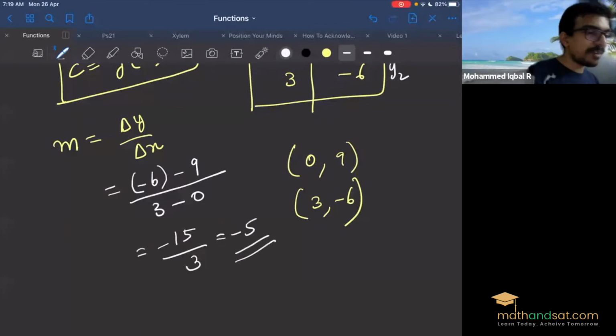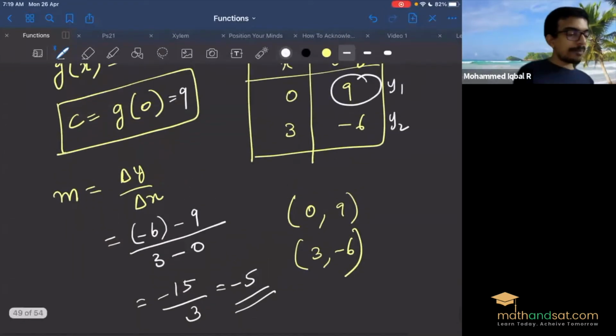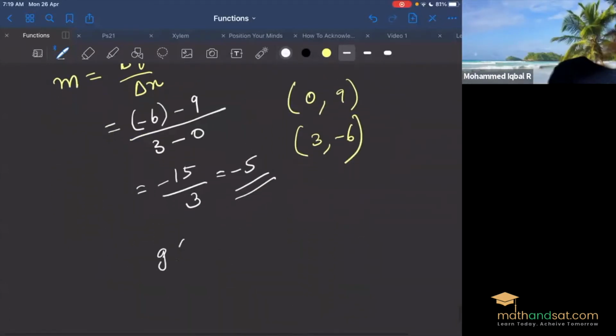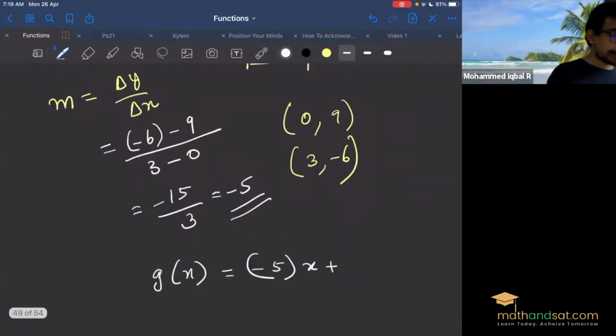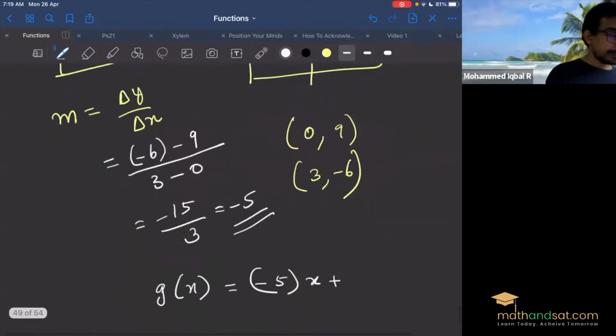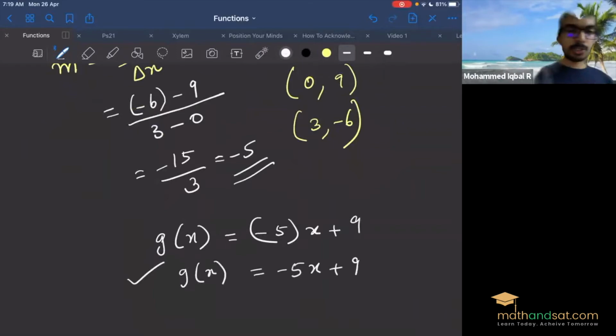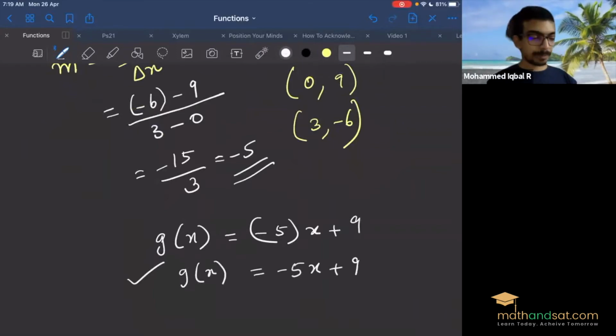Minus 5 is the m value. So we have our answer. M value is known. C value is known. So g of x will be mx plus c, that is minus 5x plus 9. G of x is equal to minus 5x plus 9.